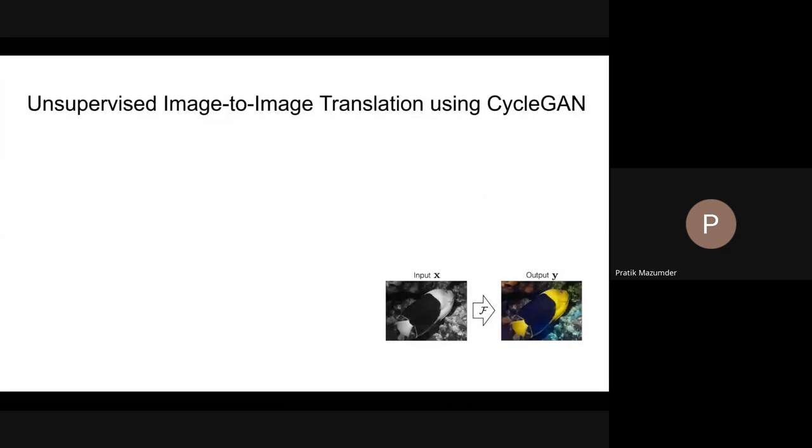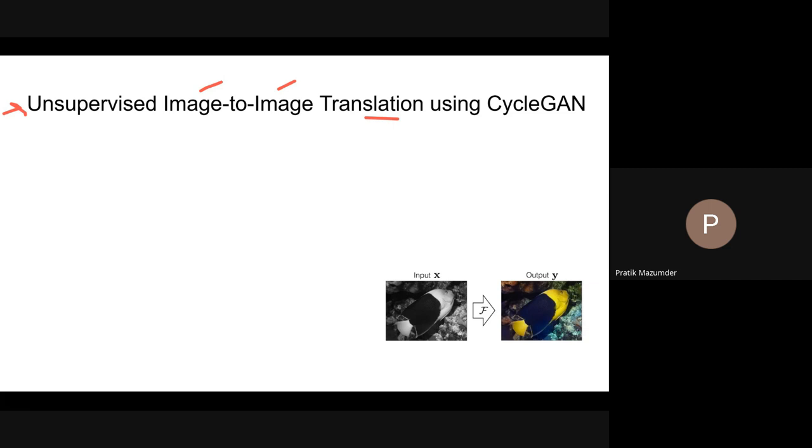So we have been discussing generative models, and specifically we have looked at VAEs and GANs and conditional VAEs and conditional GANs. And we had started discussing the CycleGAN, which is a very interesting application of GANs, and which involves translating from one image domain to another image domain. We are specifically looking at one application where it's an unsupervised image-to-image translation.